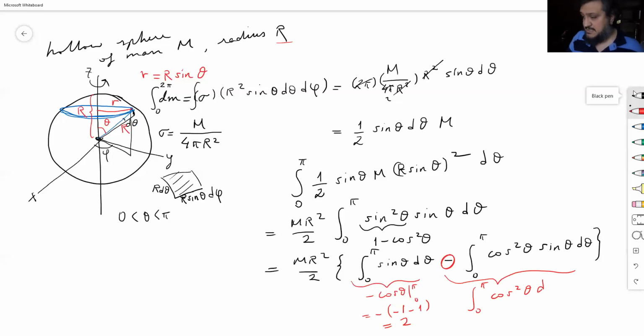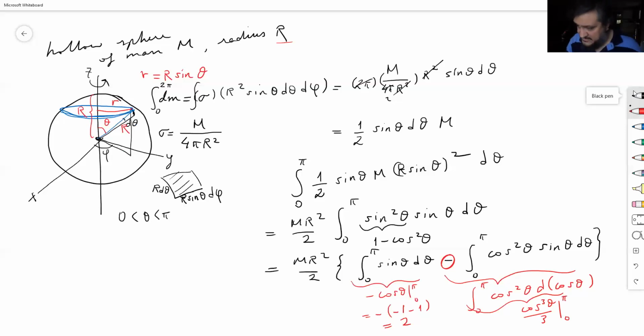So it's d cosine theta. So I'll get here cosine cubed theta over 3, and the limits are 0 to pi.